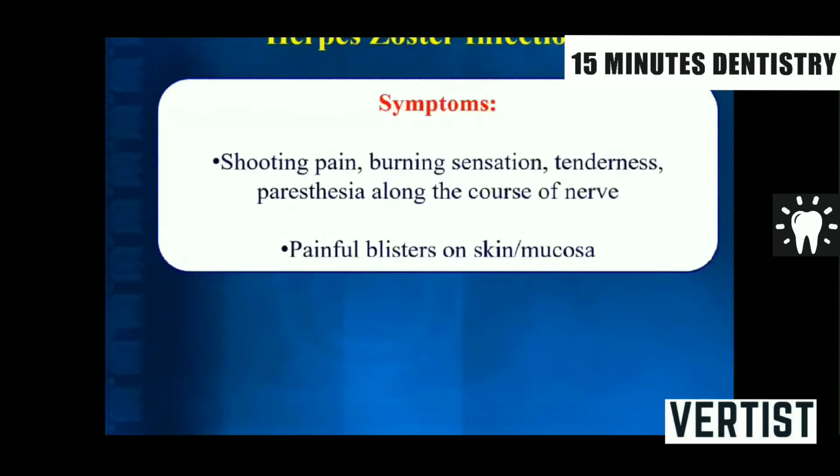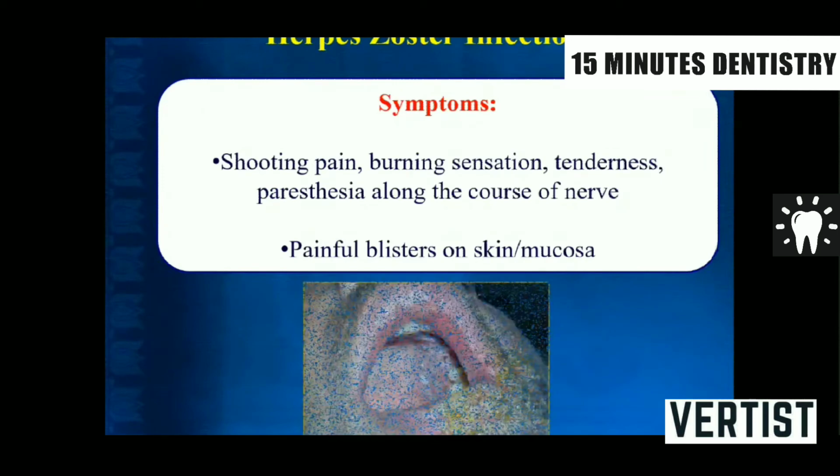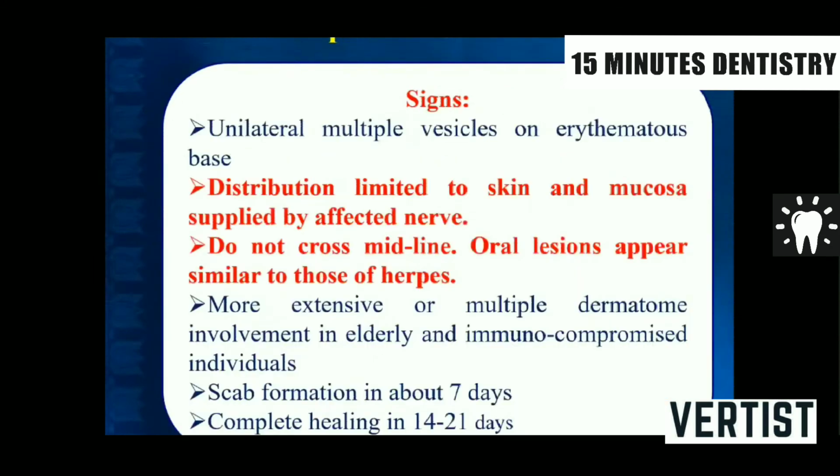The symptoms consist of, since it is acute again, shooting pain, burning sensation, tenderness and paresthesia along the course of the nerve, and very painful blisters on skin and mucosa, which later form a scab. So what are the signs? What I have marked in red, you have to remember.